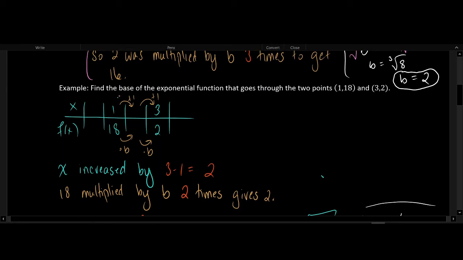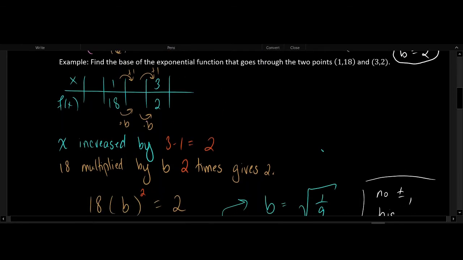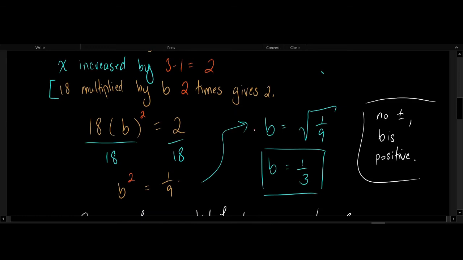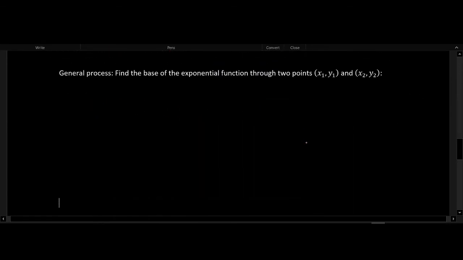X increased by 2, moving from 1 to 3. So the y value must have been multiplied by b 2 times in total. So we translated this statement into an equation and used that equation to solve for b. So let's summarize the general process that we've used in the previous 2 problems. We have 2 points, x1, y1, and x2, y2.